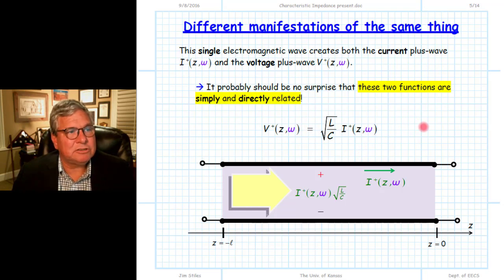It's really no surprise, since the plus wave voltage and plus wave current are manifestations of the single electromagnetic wave propagating down the transmission line.